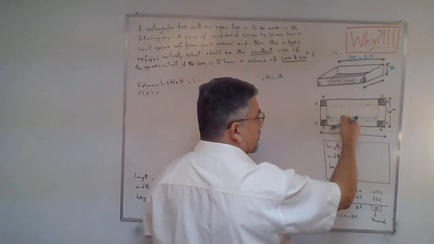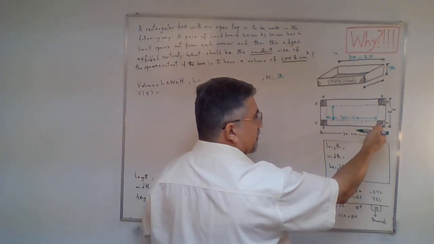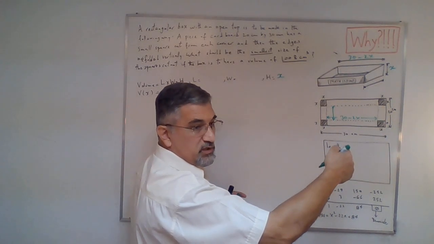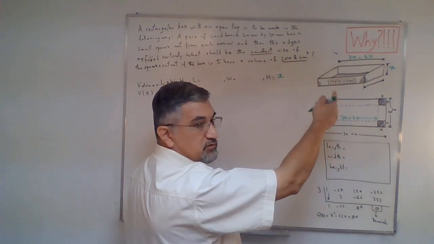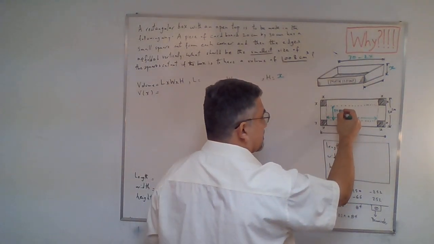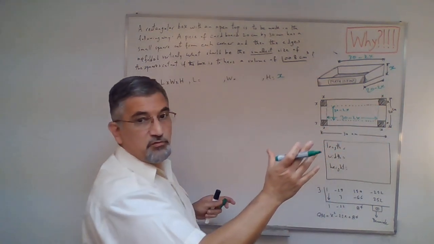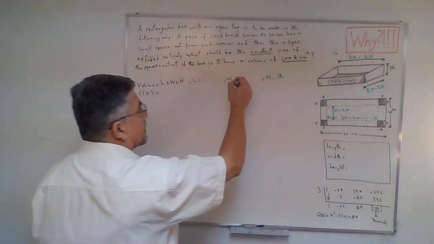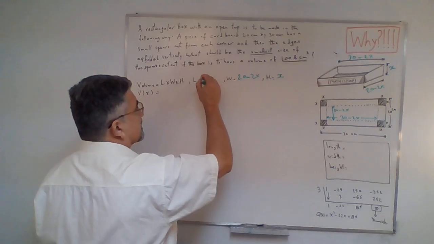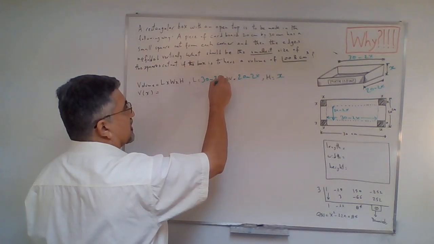And for the width, we have a total width of 20 centimeters. You're cutting x from the top and bottom, so that would be 20 minus 2x, and that becomes the width of your box. So the width is 20 minus 2x, and the length is 30 minus 2x.